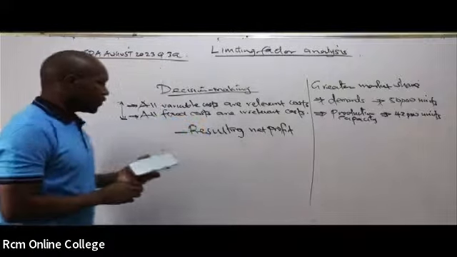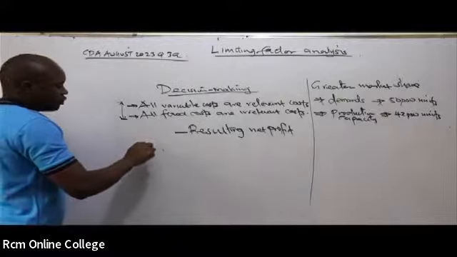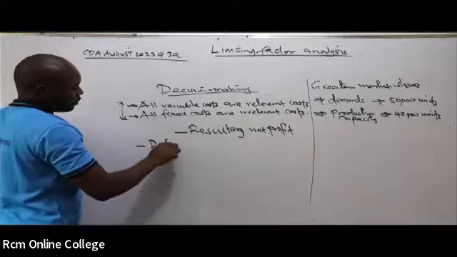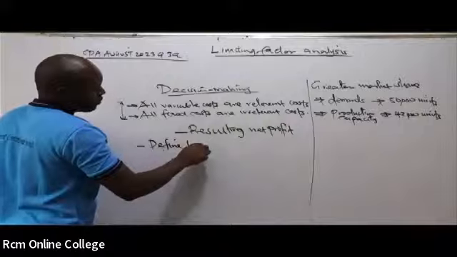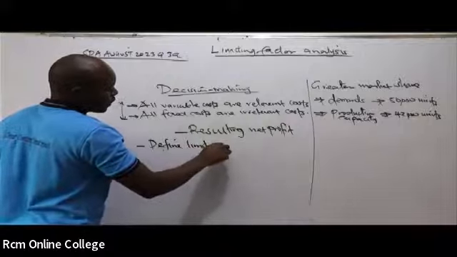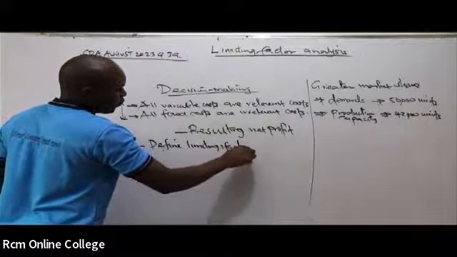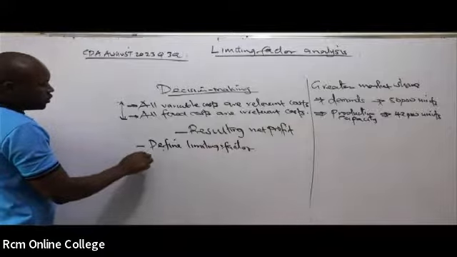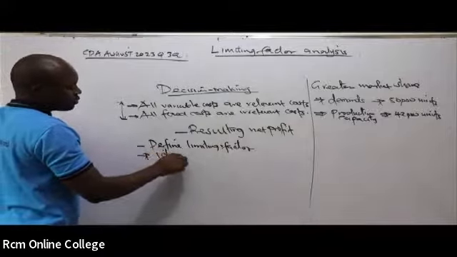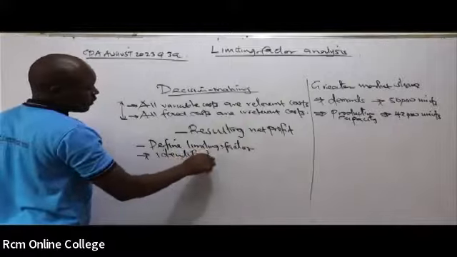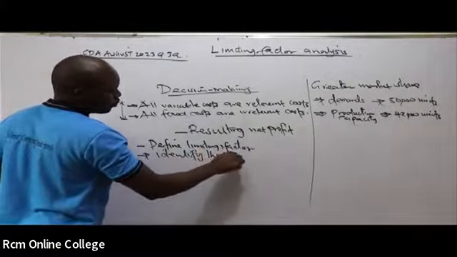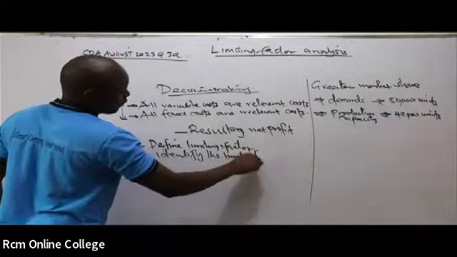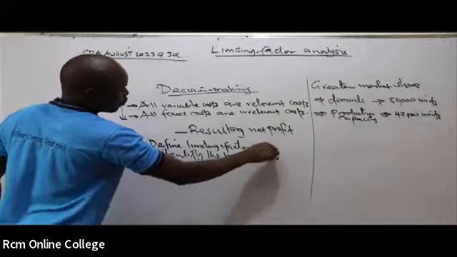Because again, as we do this, the examiner will first of all tell you, can you define limiting factor, right? So I hope you are now okay with that. Number two, identify the limiting factor or resource.